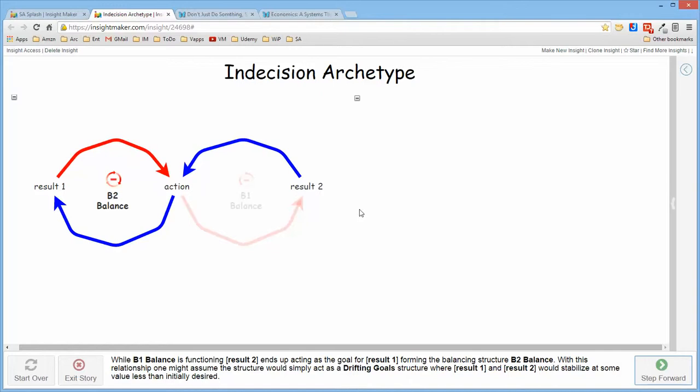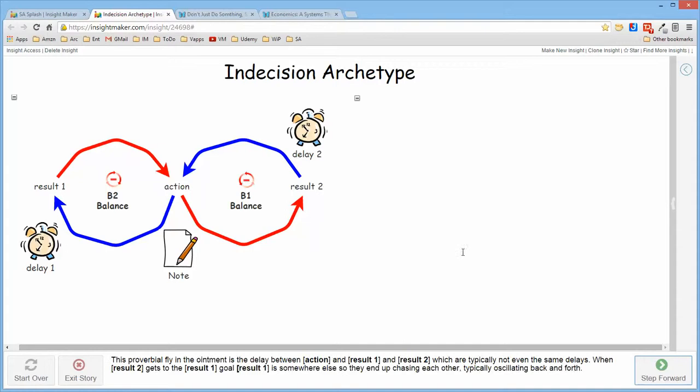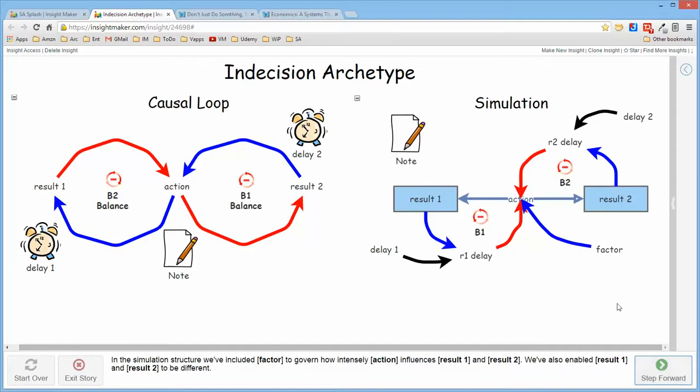So it's sort of like a drifting goal structure, though where it differs is that there are typically two delays that are actually different from each other, that causes it to act more like two goal-seeking structures with delays that are out of sequence, that produces rather unexpected behavior.